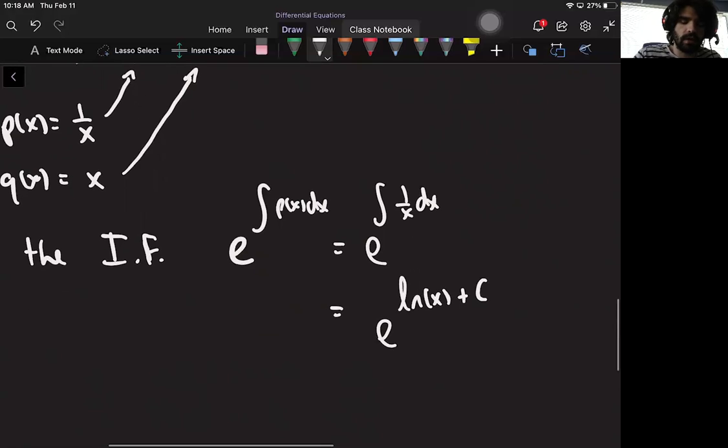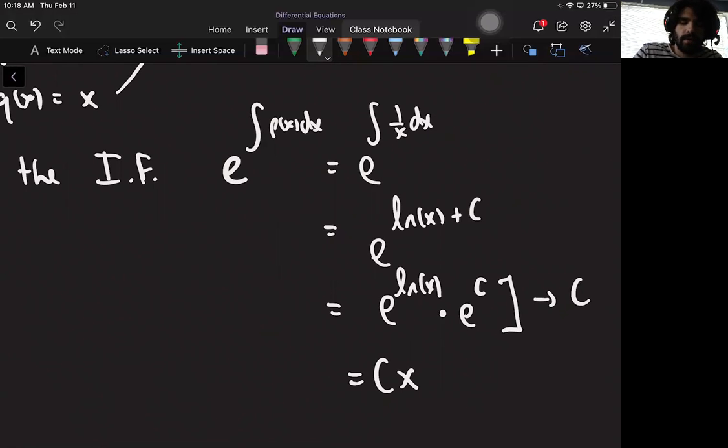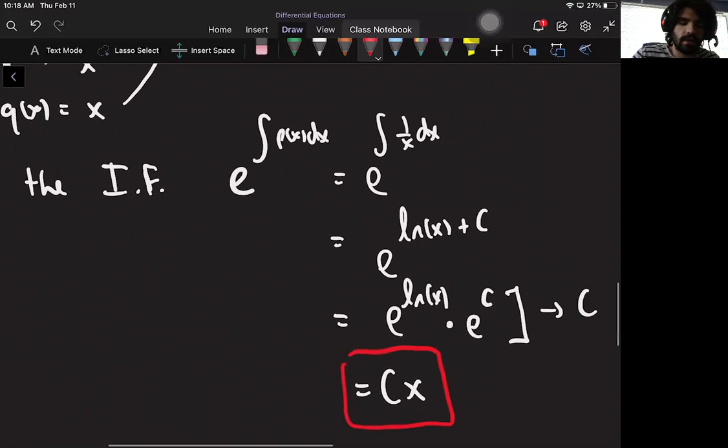But later we'll see we don't actually need that. And then I can simplify this because it's e to the ln of x times e to the c. So this becomes x times a constant. So then I'm just going to rename that constant to be c again. Okay. So this is the integrating factor. Once it's all said and done, and I've calculated it, it's c times x, a constant times x.